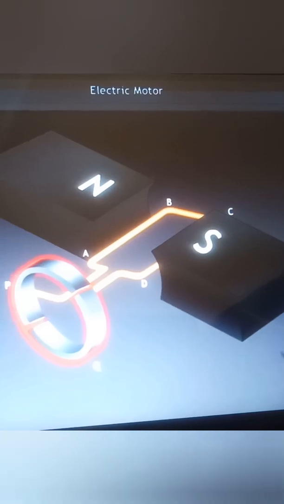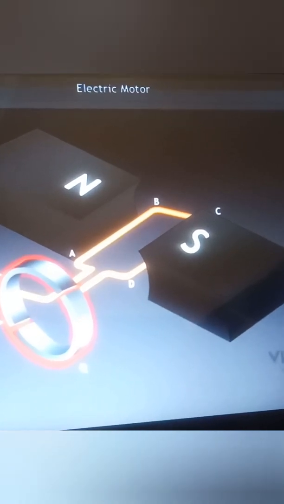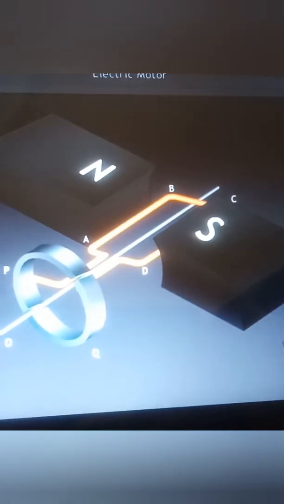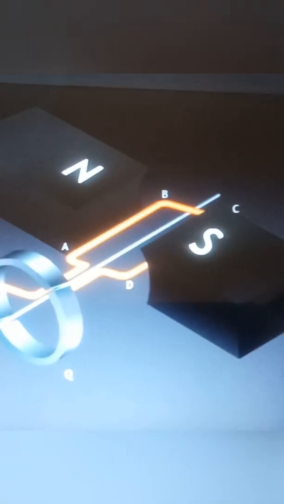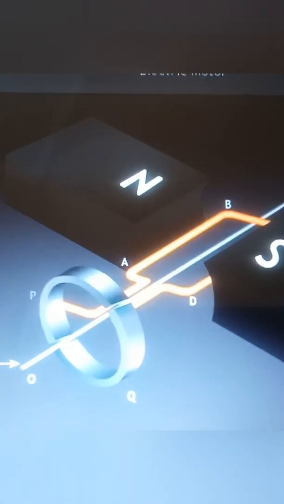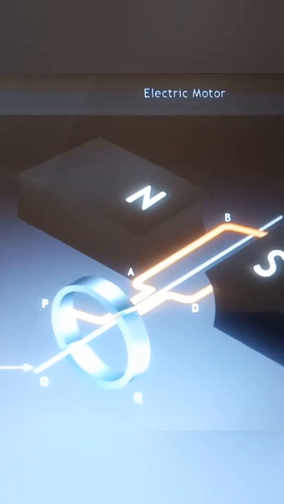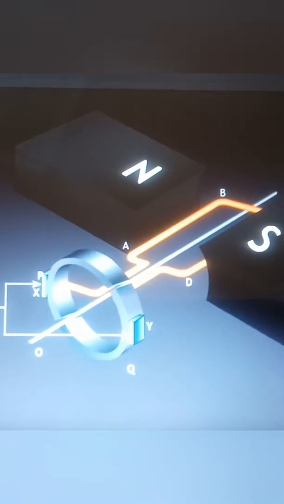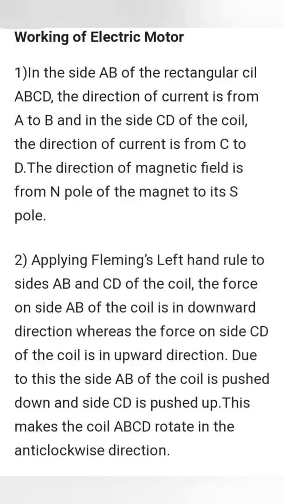The ends of the armature coil are connected to the two split rings. The inner side of the split ring is insulated and it is connected to the axle. The split rings are connected to the two carbon brushes which are connected to the battery, that is the source of the EMF.